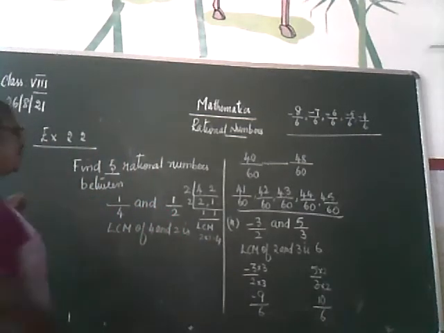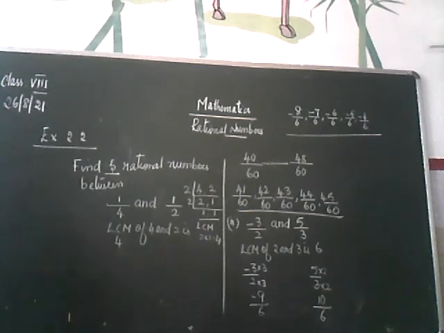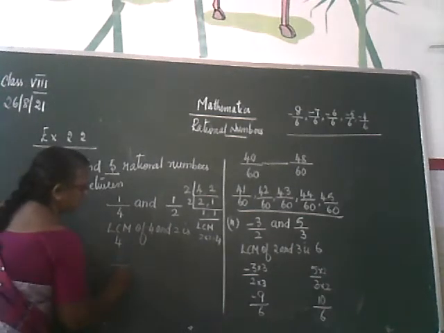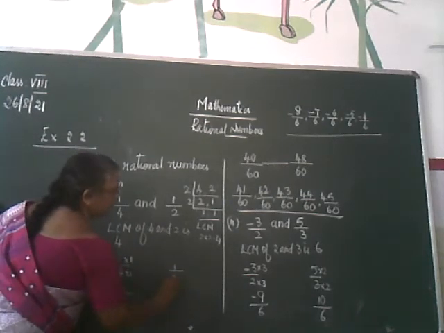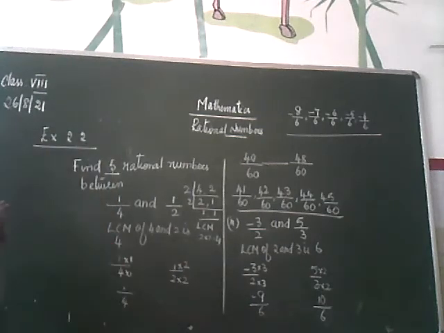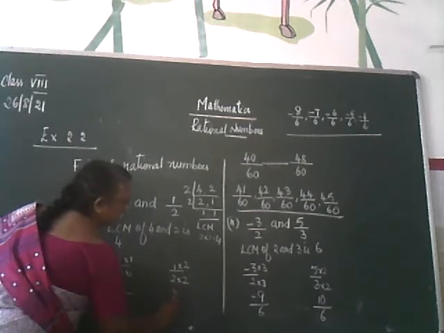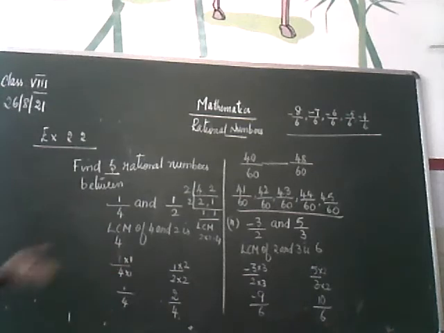So, LCM of 4 and 2 is 4. So, 1 by 4, if I multiply by 1 only, I will get 1 by 4. 2, I should multiply by 2 so that I can multiply the numerator also by 2. So, 2 by 4.